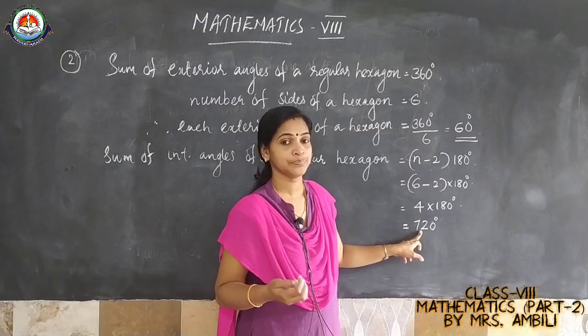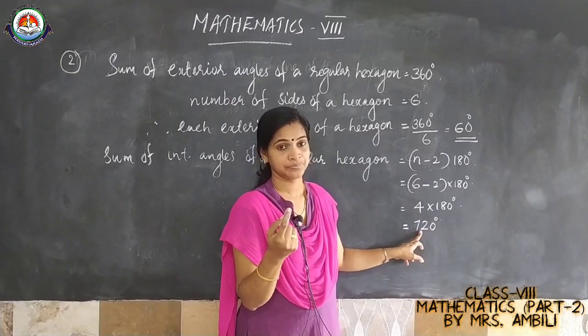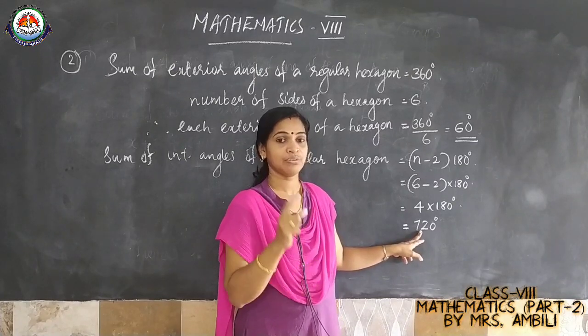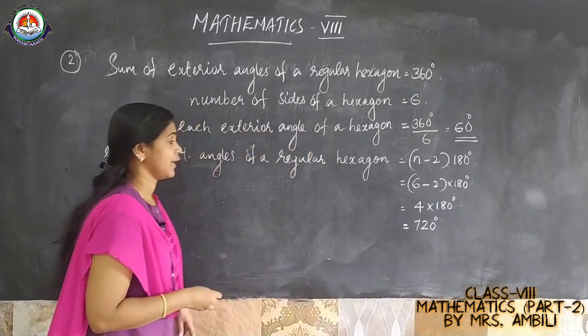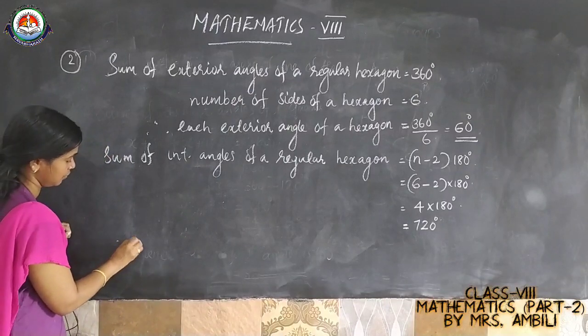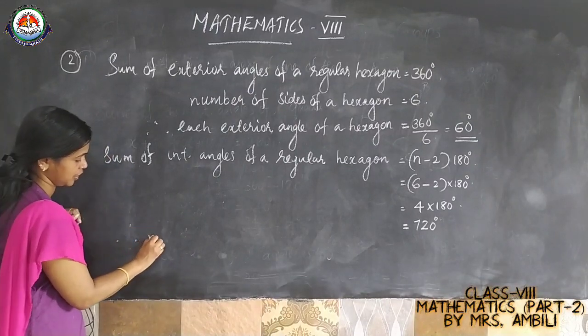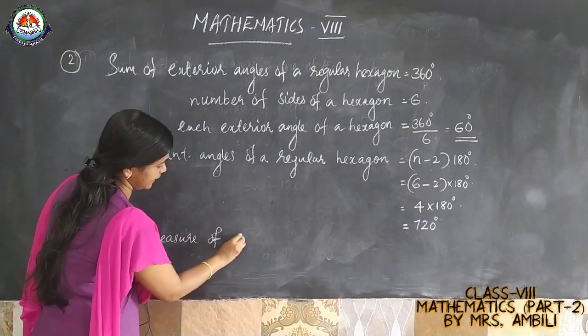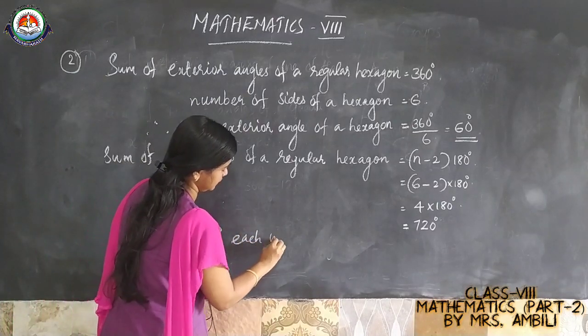What is our question? Each interior angle. What is the measure of each interior angle? For one interior angle we need to find out. So write, therefore, the measure of each interior angle.